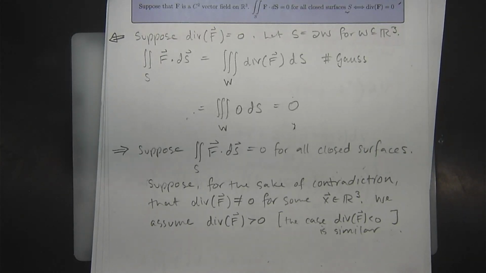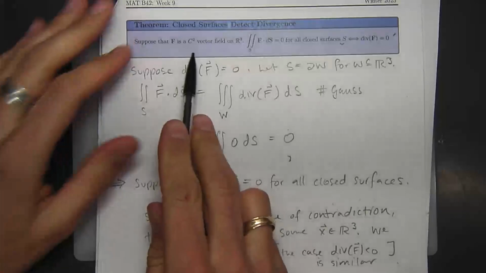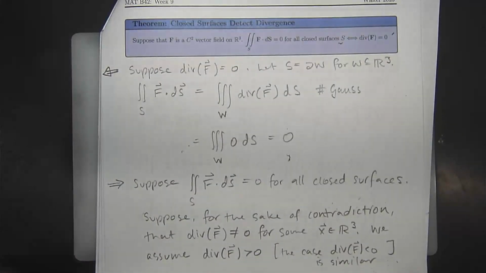We've got continuity because we're a C2 vector field. We're really nice, really smooth.